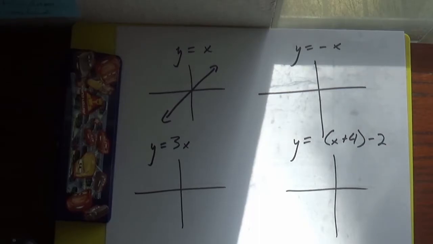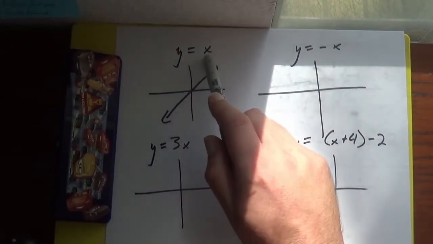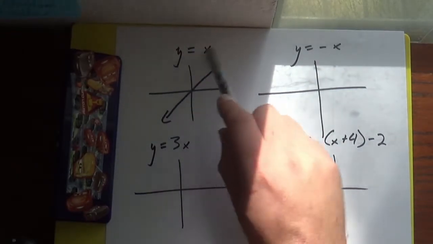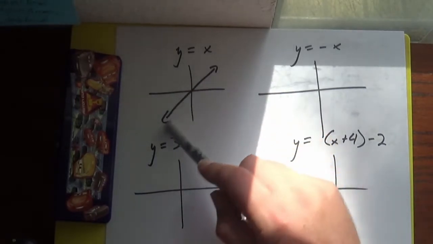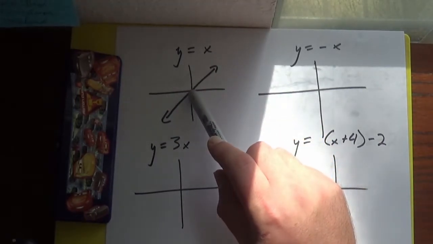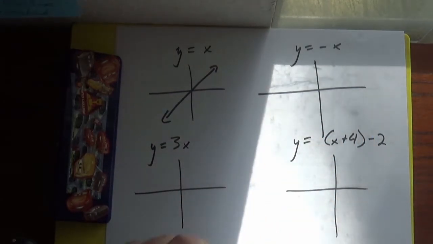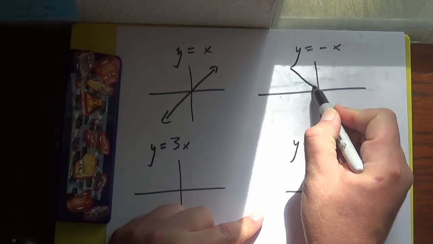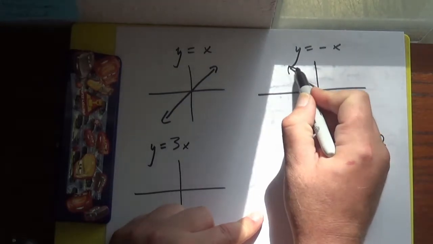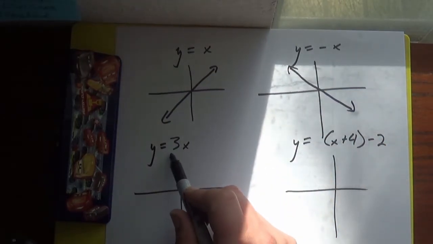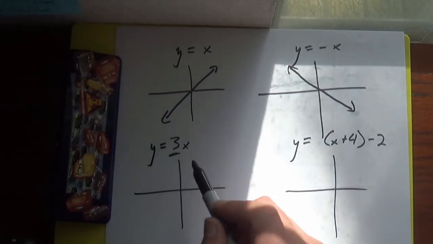And here we'll do some graphs. So y equals x. That's your linear parent function. It just goes up like that at a 45 right through the origin. Minus x means it's just going to do the same thing, but go down. This is a. It's in front.